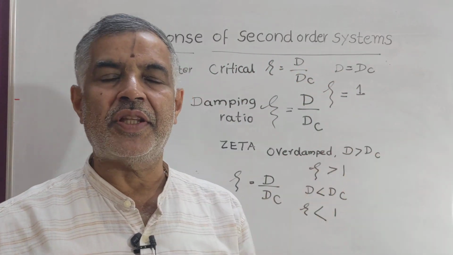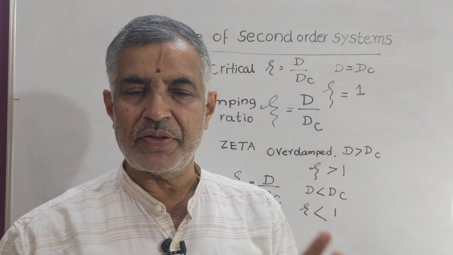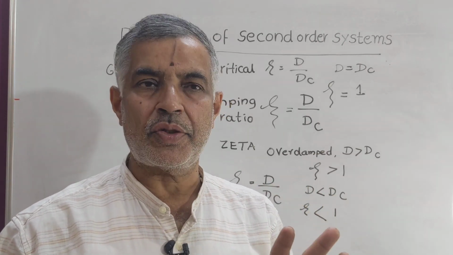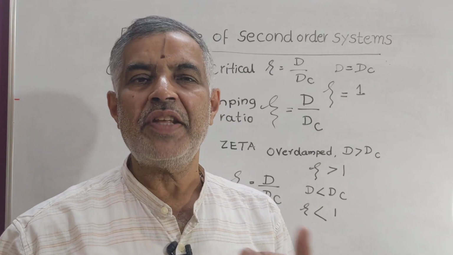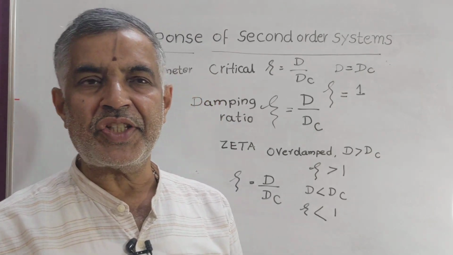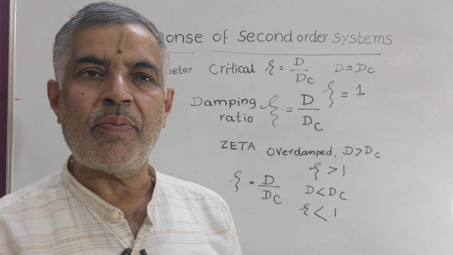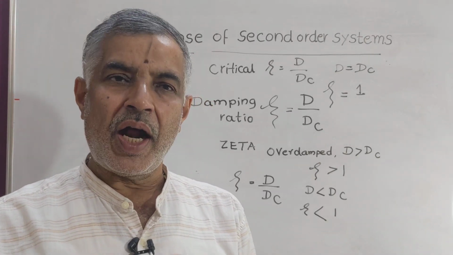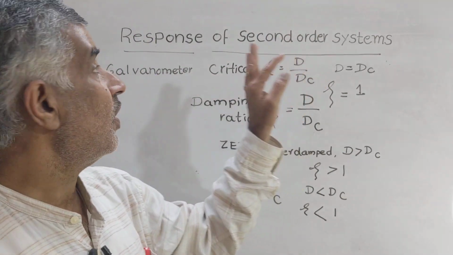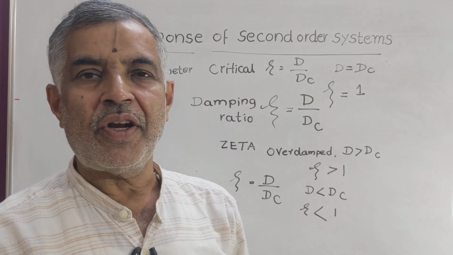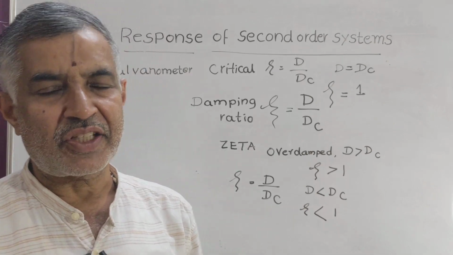Among the test signals we take step input, which means sudden disturbance. When a sudden disturbance acts on a second order system, what is going to happen? It is very interesting to go through the three types of motion: overdamped, underdamped, and critical damped. That is the response of a second order system, which I will take up in the next class. Thank you.